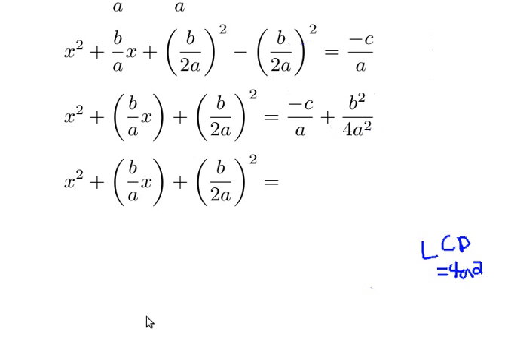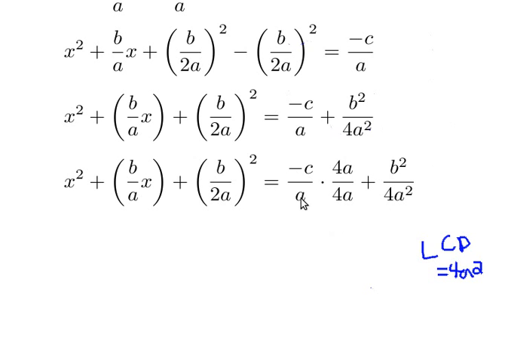So that means we have negative C over a times 4a over 4a. So we're multiplying the top and bottom of this fraction by 4a. And then, of course, we still have this fraction on the right side, plus b squared over 4a squared.